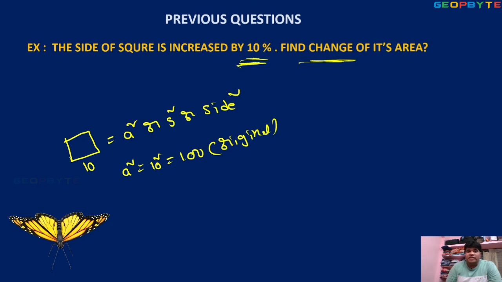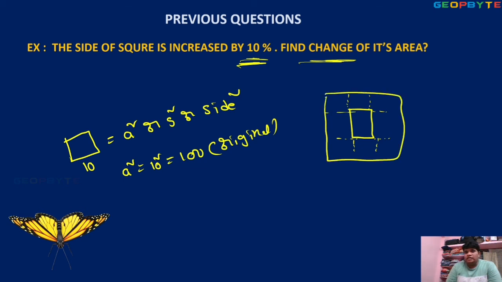The side is increased by 10%. So what is the area then? 10% increased, so 10 by 100.